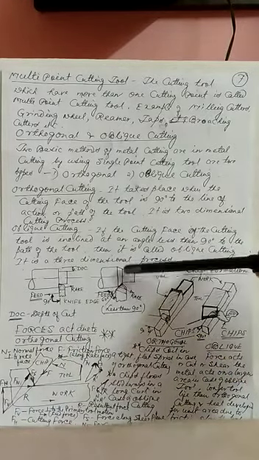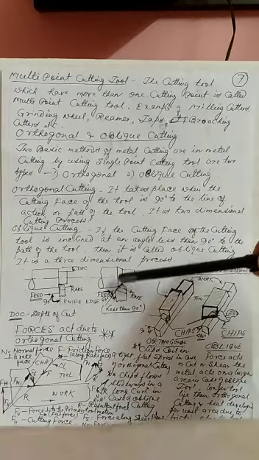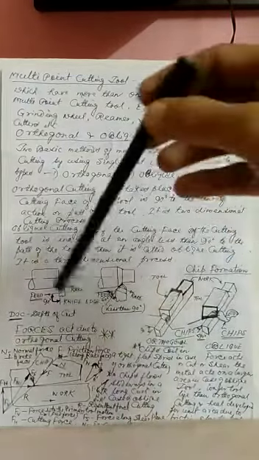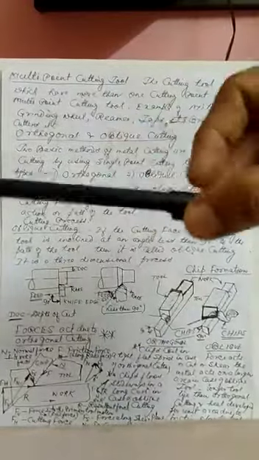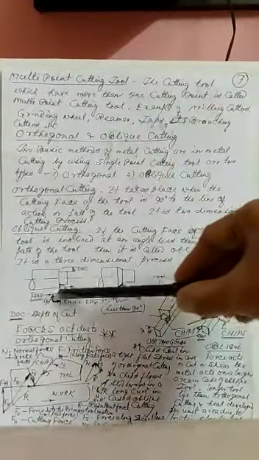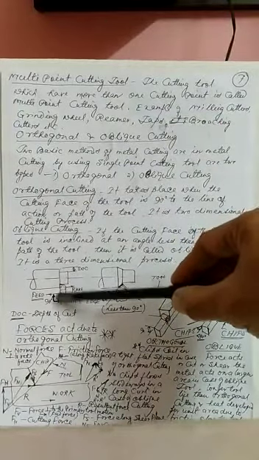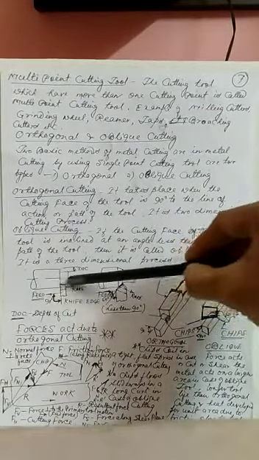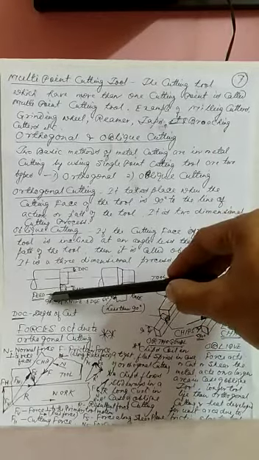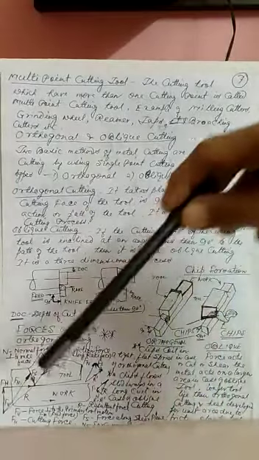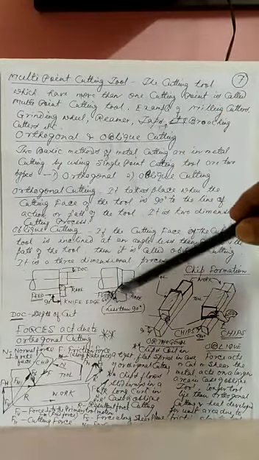But whenever the tool is slightly angular, less than 90 degrees, then in the figure, if this is the axis of the job and this is the cutting tool, the tool face is perpendicular to the axis of the job. So this is called orthogonal cutting. This is the axis of the job, and the tool is placed slightly angular. Then it is called oblique cutting.